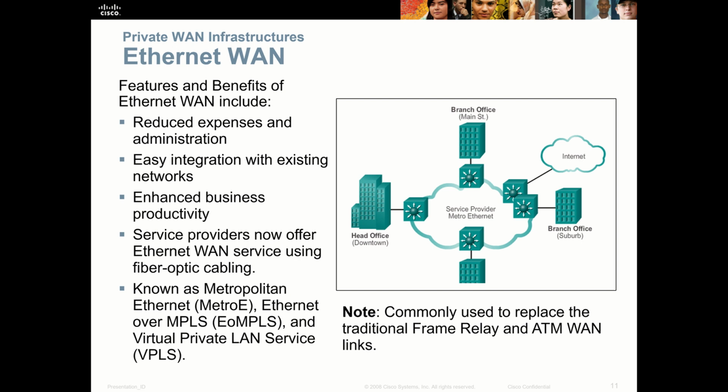We know that Ethernet was originally developed for LAN, isn't it? However, previously it was not really suitable for WAN because of the maximum cable length that needs to be supported. For LAN, the Ethernet cable length is only up to a few hundred meters.